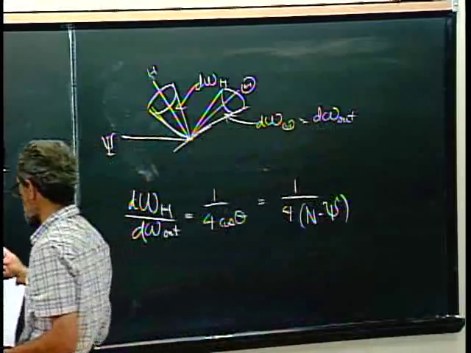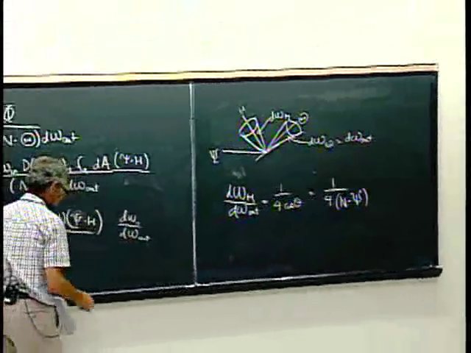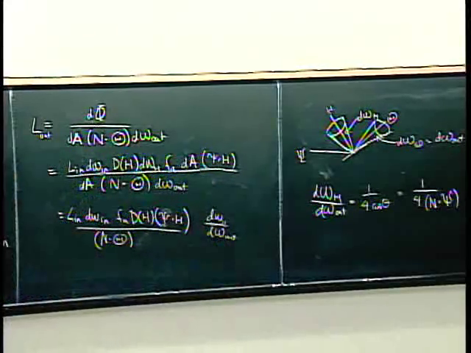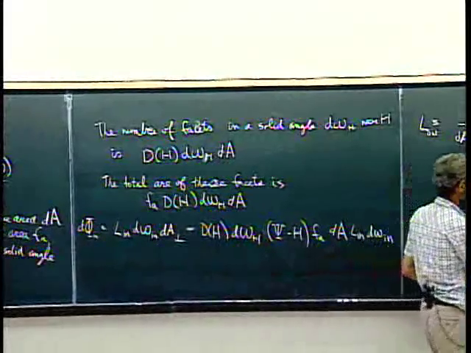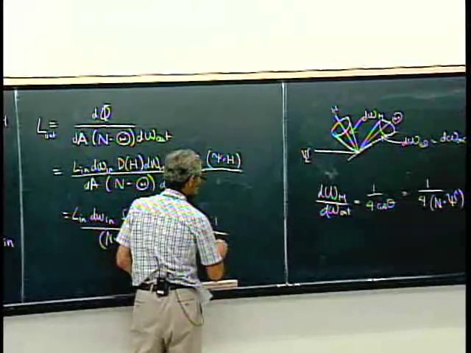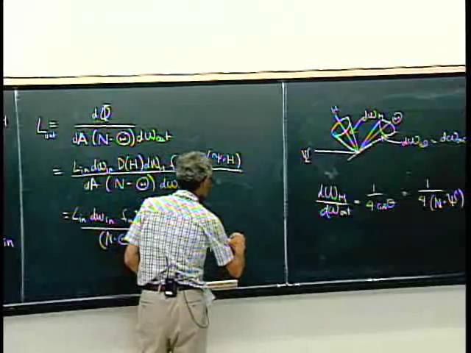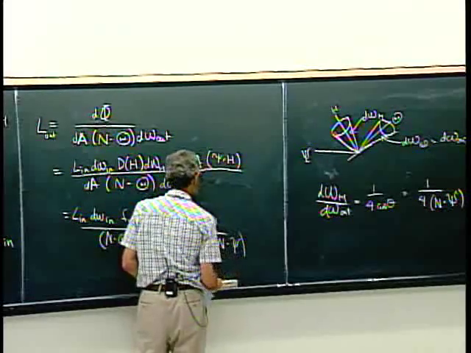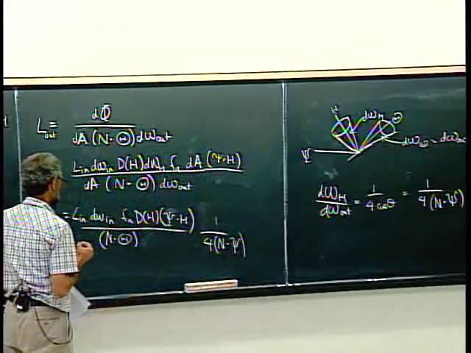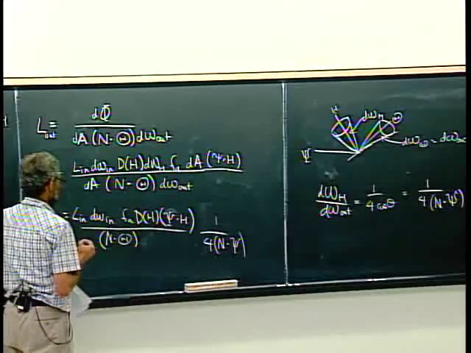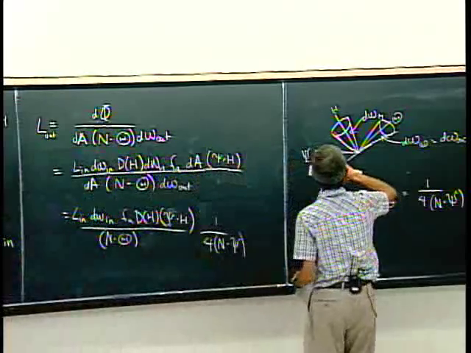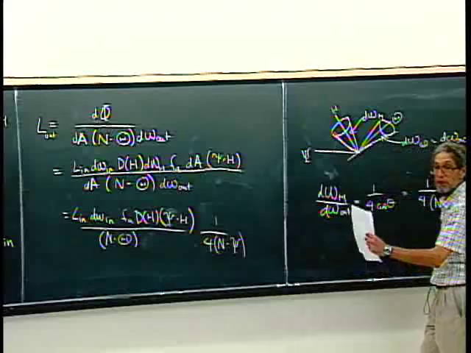So for this formula here, instead of rewriting all these terms, why don't I just replace that by 1 over 4 n dot psi. Okay, so now, can I erase this to continue from here?